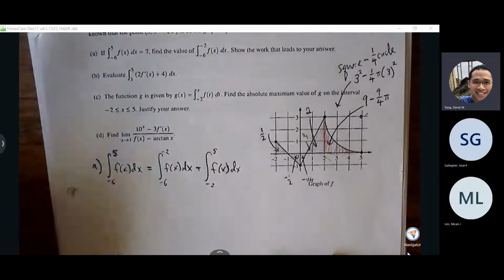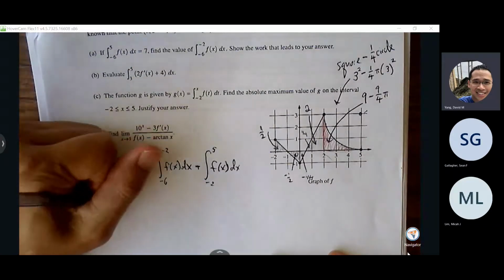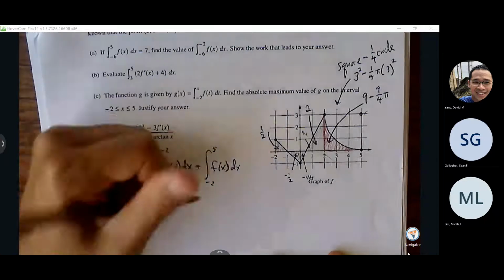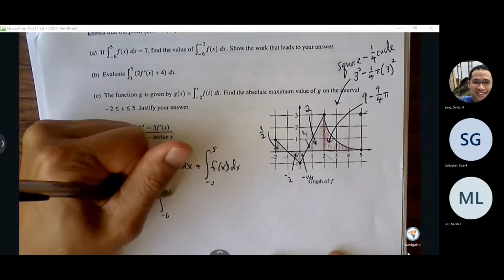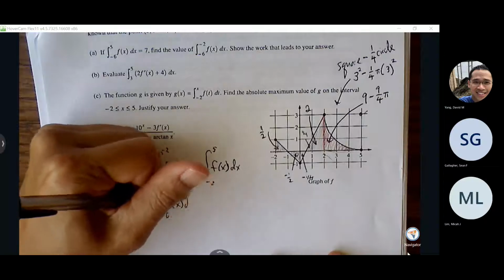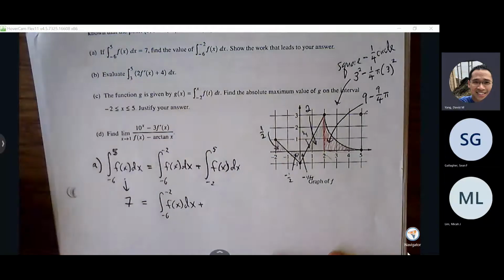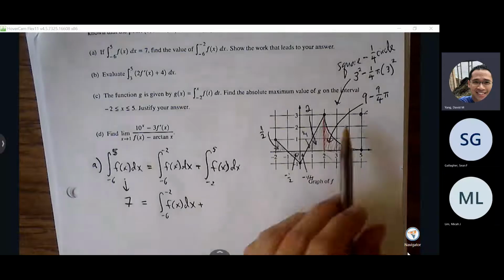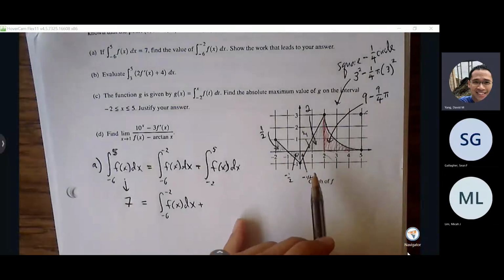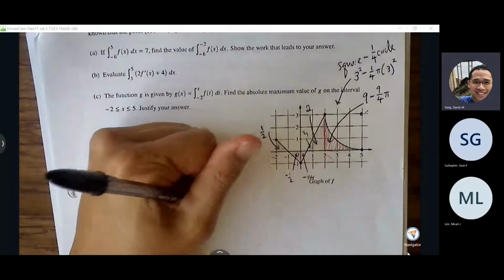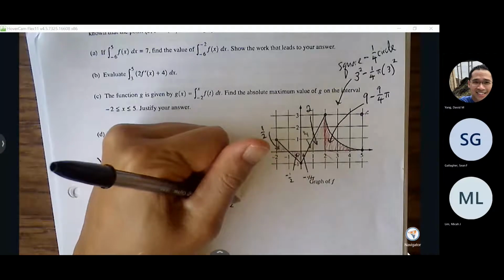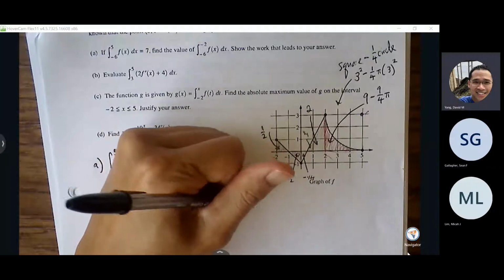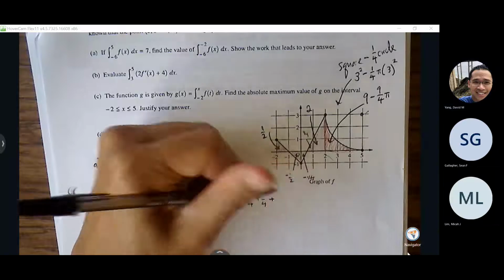So if we make our substitutions here, we know this portion is equal to 7. We know this is still the unknown that we're looking for. And I can just add up all these terms, all these areas that I want to involve. So 1/2 minus 1/2, -1/4 plus 1/4.